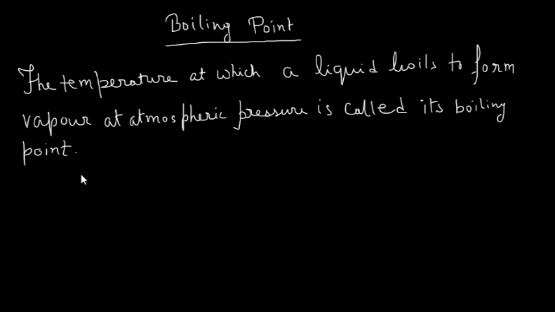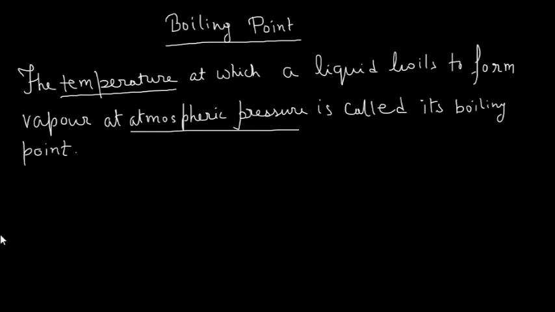So the temperature at which a liquid boils to form vapor at atmospheric pressure is called boiling point. So that temperature at which liquid starts boiling to form vapor at atmospheric pressure is called its boiling point.